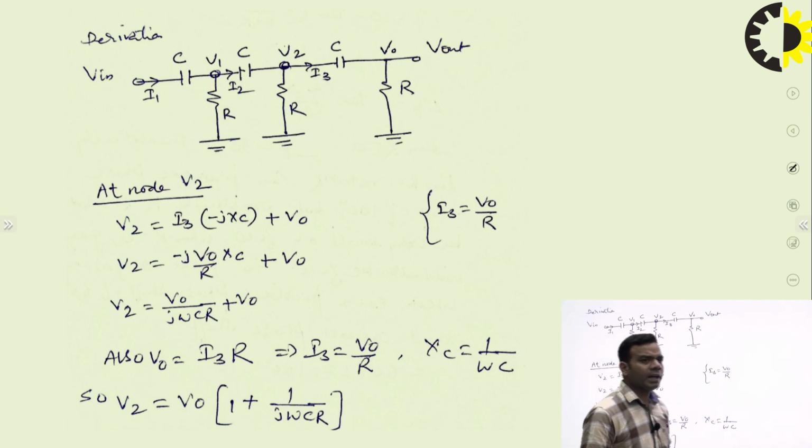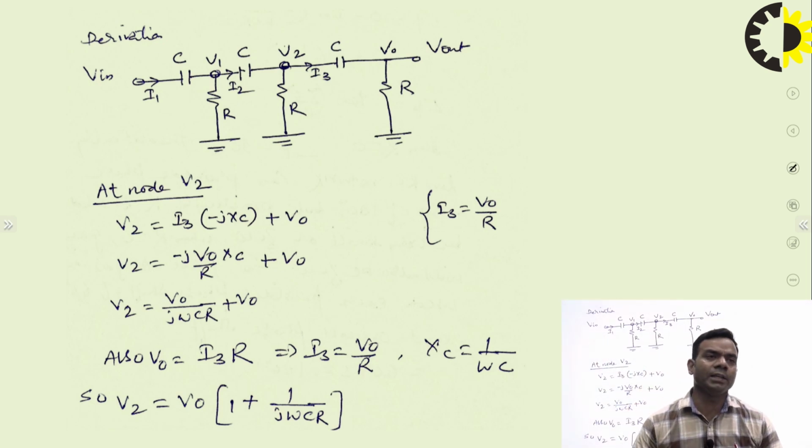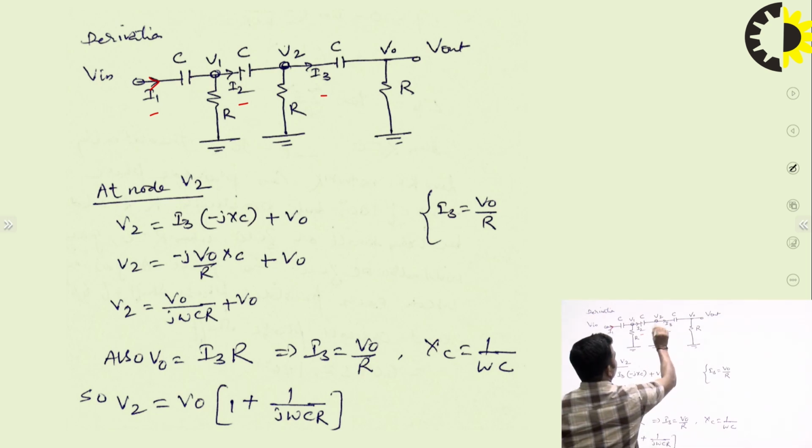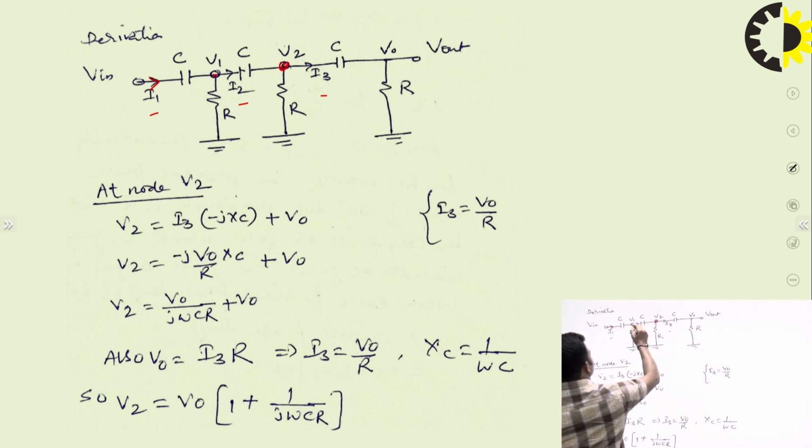Now, to find the frequency of oscillation, that is, what frequency this circuit is going to generate, it can be obtained with the help of analysis of this circuit. I have taken this RC phase shift network. I am considering the currents flowing through the branches as I1, I2, I3 and V0. This node is denoted as V2 and this node as V1.